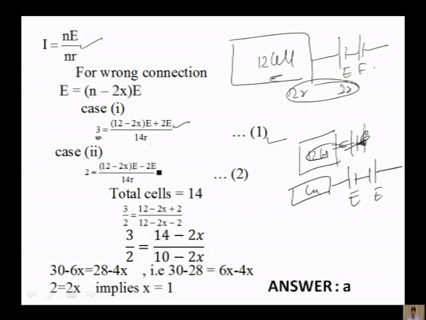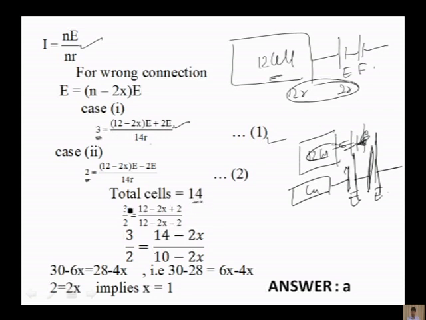Wrongly connected means same connection, negative terminal to negative terminal, like this. Then the effective equation is this, because the current in this case is equal to 2 ampere, that is (12 minus 2x) E minus 2E divided by 12R. Total cells is equal to this much.